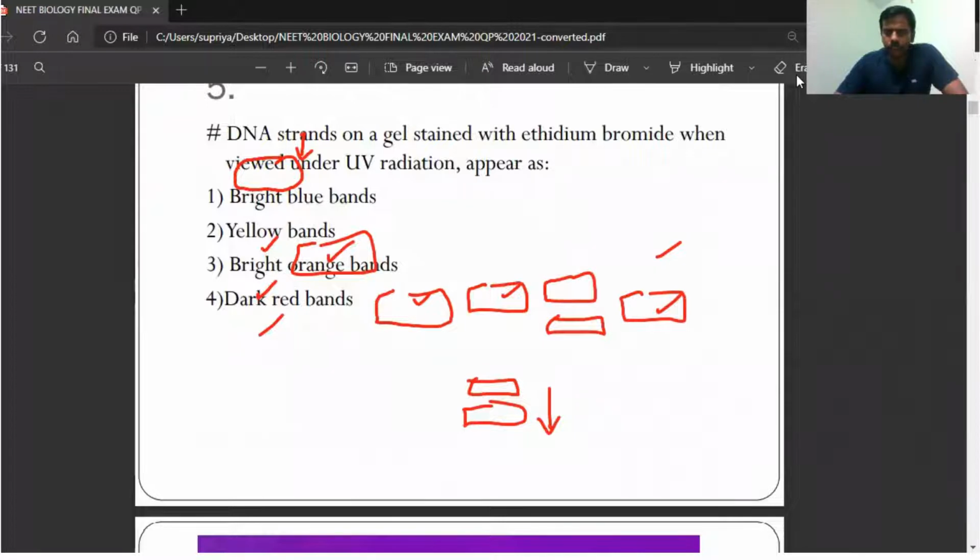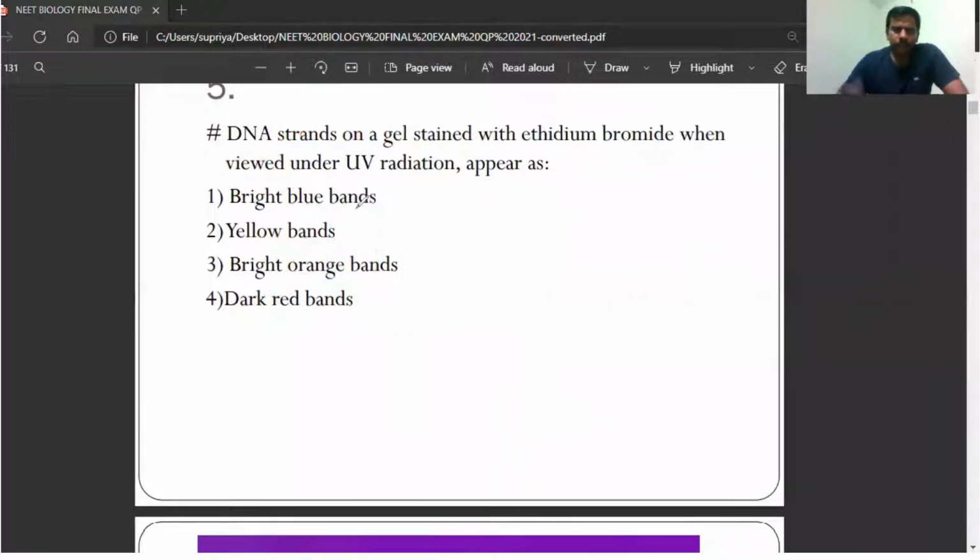Once again, options: bright blue bands, not correct, yellow bands, not correct, and bright orange bands. This third option is the correct option for this question. And fourth is not correct, not dark red bands. So option number 3 is correct, right? Okay. Now let me see, students, another question.